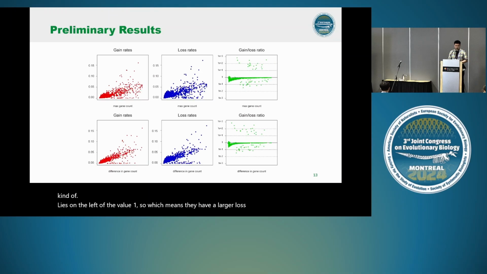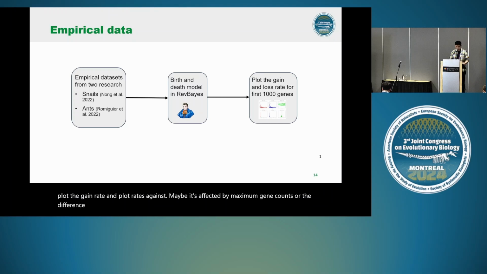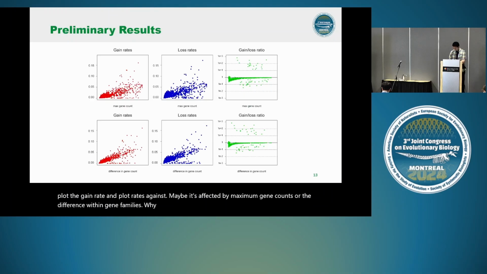We also try to plot the gain and loss rates against the maximum gene counts or the difference within gene families. Then we found that for most of the families, there might be a relationship between maximum gene counts and gain and loss rates.